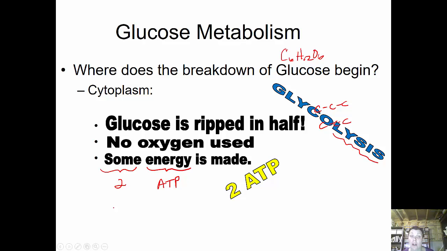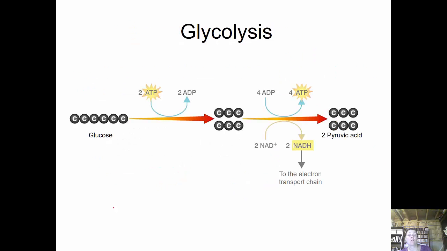2 ATP are going to be recharged just by ripping glucose apart in half. And here's the picture of it. Here you start with your glucose. 2 ATP go in, so you have to put energy in to break something apart. That's true for anything. But look what happens as I rip off my hydrogens.